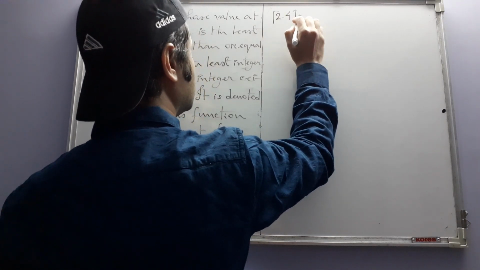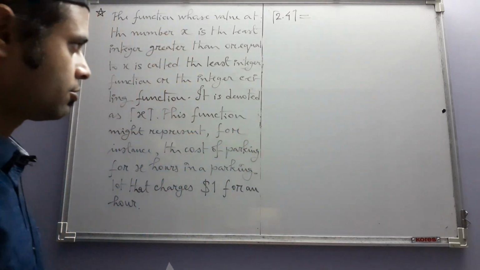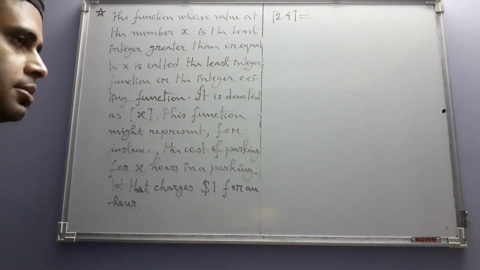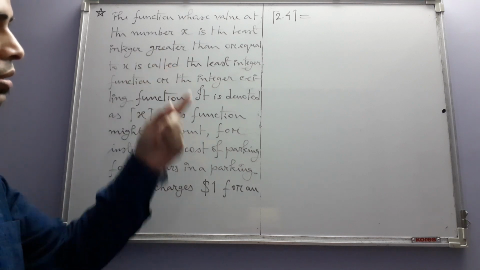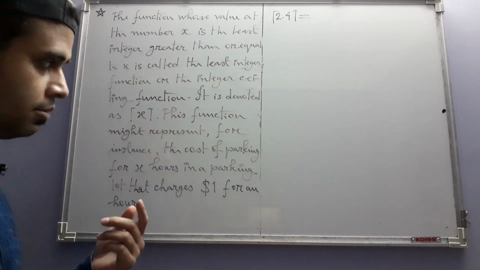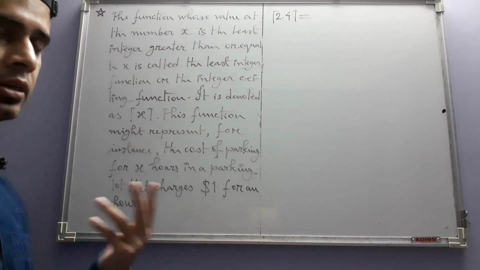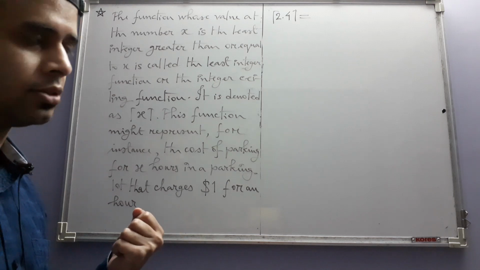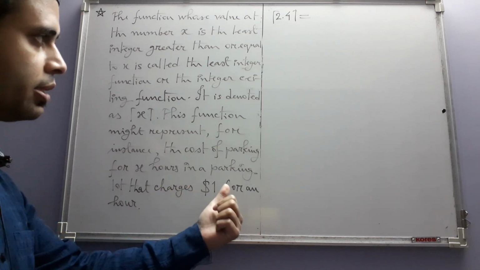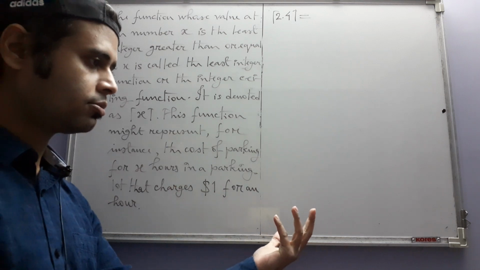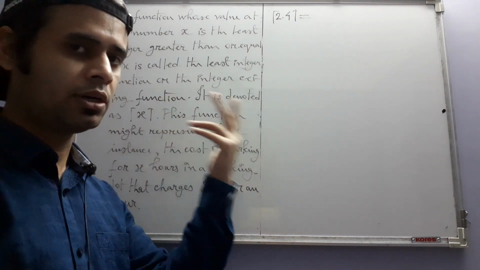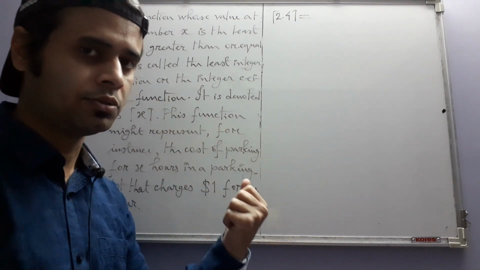What is this? The definition of the function says that this is the least integer greater than or equal to 2.4. To calculate the floor value, we looked to the left of 2.4. Now we have to look to the right of 2.4.